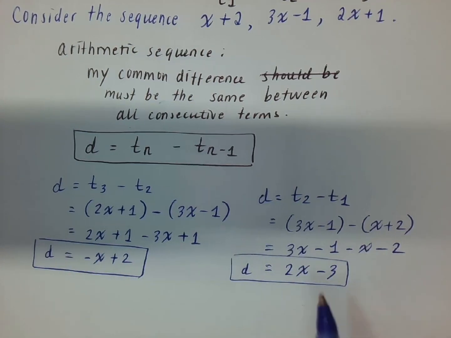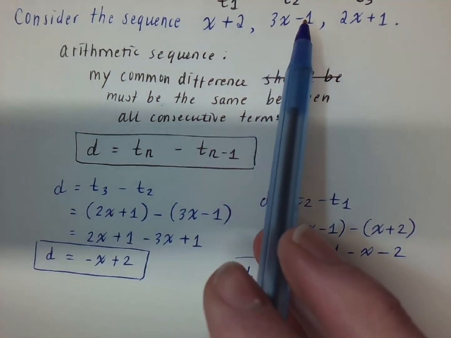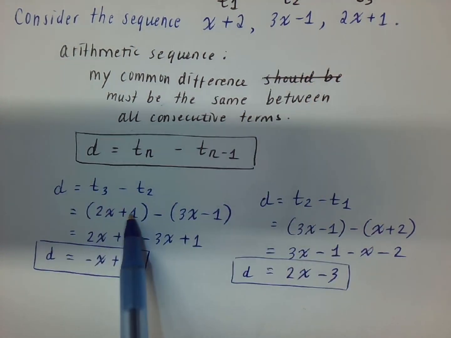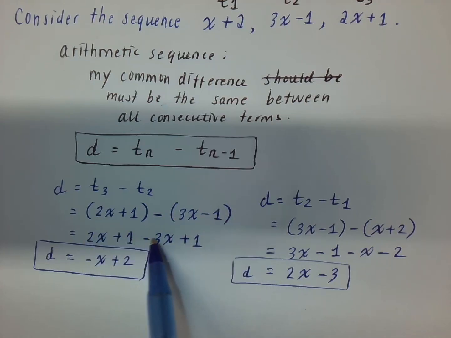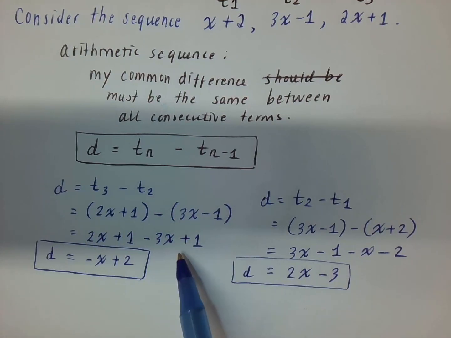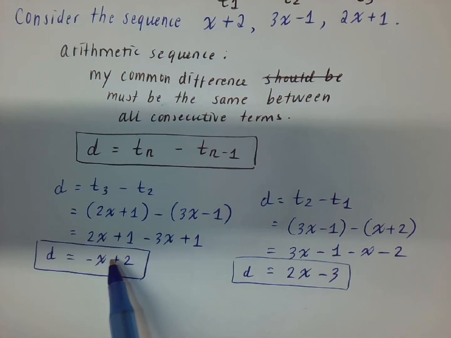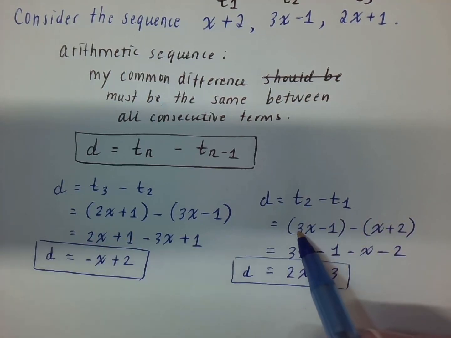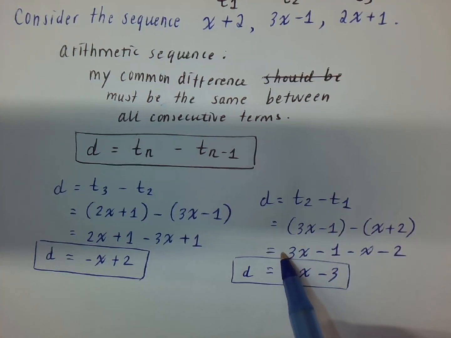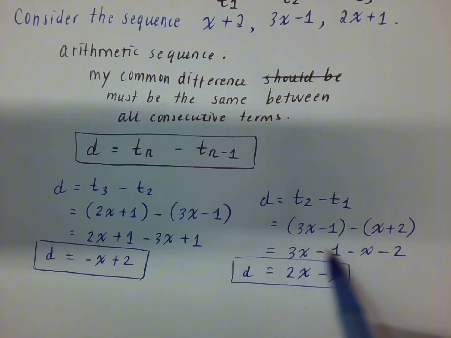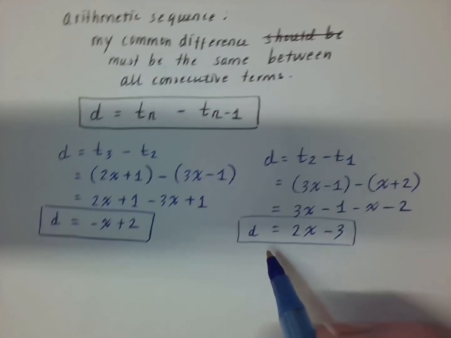So just double checking that that's all good. 2x plus 1 minus 3x minus 1, and then minus 1 minus x plus 2. Okay, let's just try that out then.